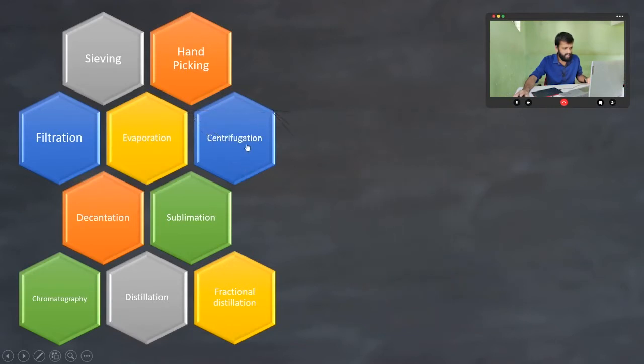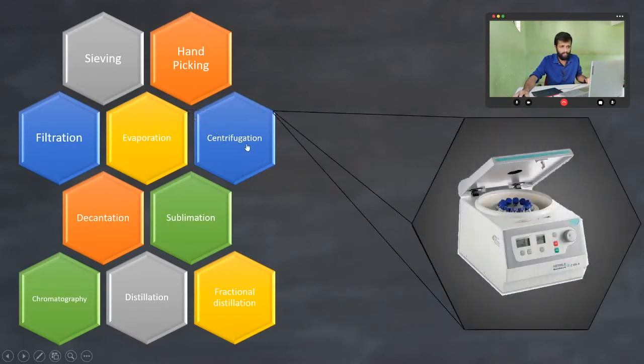Next is centrifugation. Centrifuge is nothing but, you can imagine this as a merry-go-round. You're sitting there and then someone comes and rotates that merry-go-round very fast, and then you are about to fall off, right? Something like that. Or you can think of a washing machine.